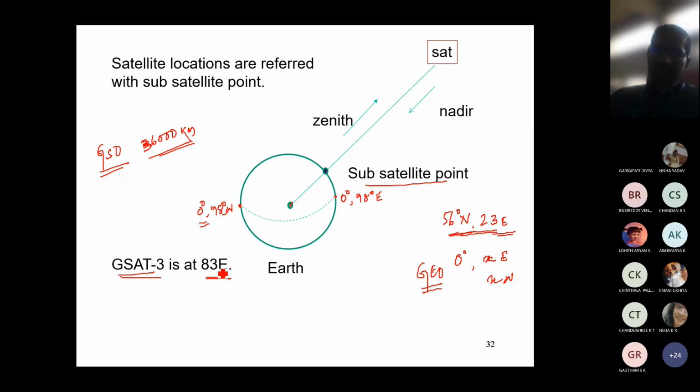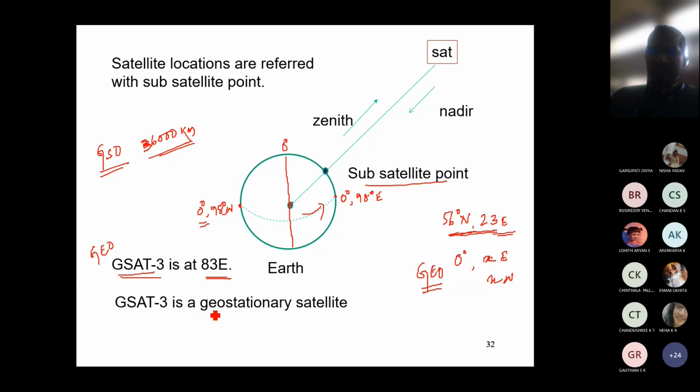If latitude is not given, then by default you have to assume that it is a GEO satellite and the latitude is 0°. It is 83° east means this particular line represents 0° longitude, and east means this side. On this side, it is 83° east, so the satellite is located somewhere here. So that is the conclusion, that GSAT-3 is a geostationary satellite.